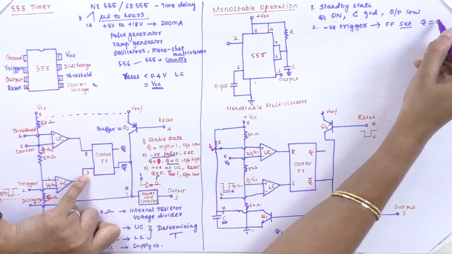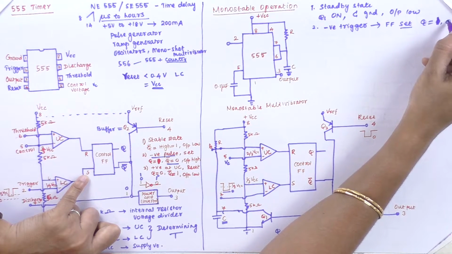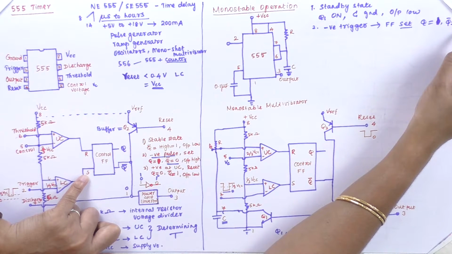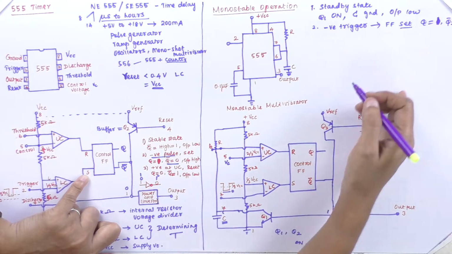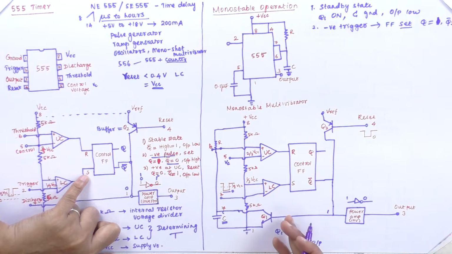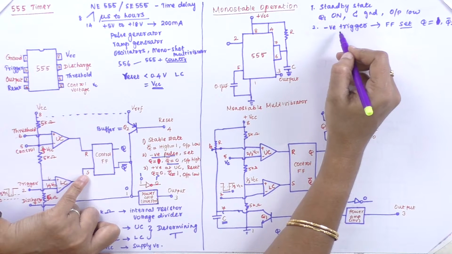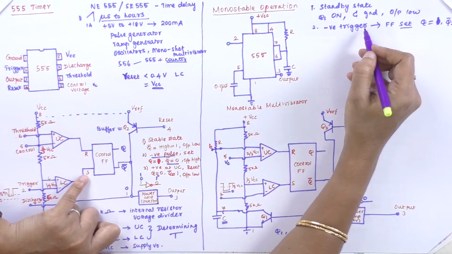So in that condition, my Q will be 1 and Q bar will be 0. Once the Q bar is low, it can't make that Q1 transistor on, so it makes the capacitor a short circuit. So here the negative trigger is applied.